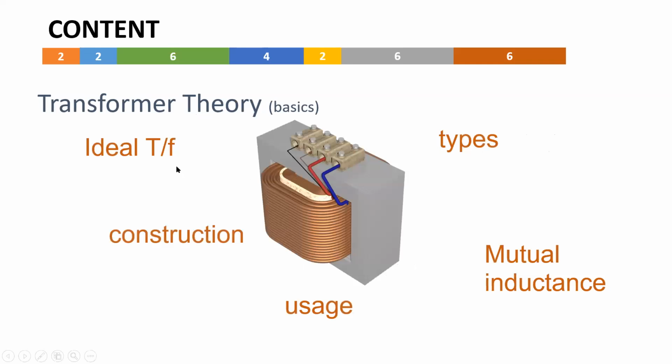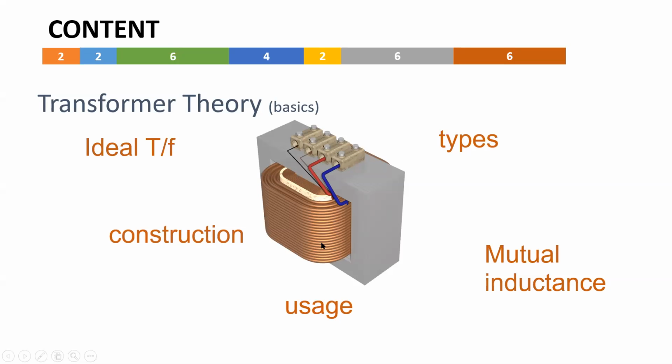Thereafter, again something you may be already familiar with, transformer theory, and this is again going to be a kind of AC machine. We are going to discuss how this is categorized as a machine, the ideal scenario of a transformer and different types, what is mutual induction, the construction and usage.